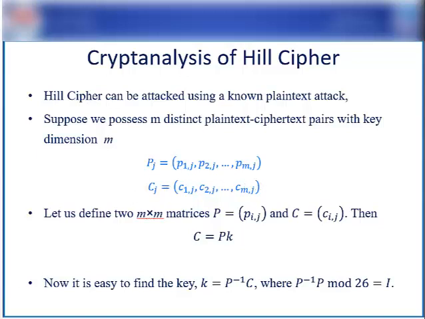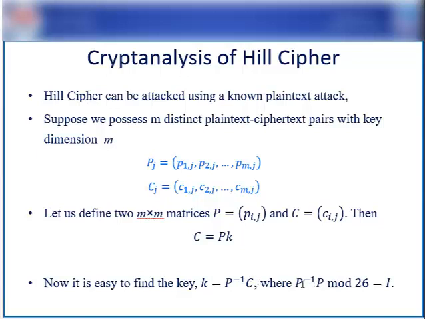We can rewrite these plaintext-ciphertext pairs as m by m matrices. After rewriting, we know by the encryption algorithm that plaintext multiplied by key gives us the ciphertext. So we can use this fact to find the key, which is equal to the inverse of the plaintext multiplied by the ciphertext.